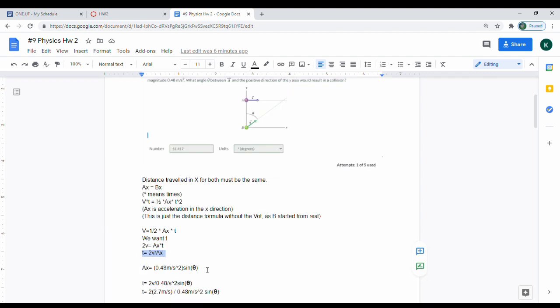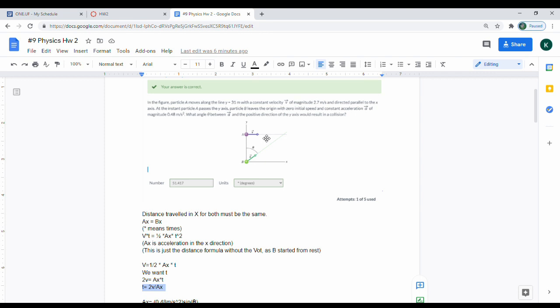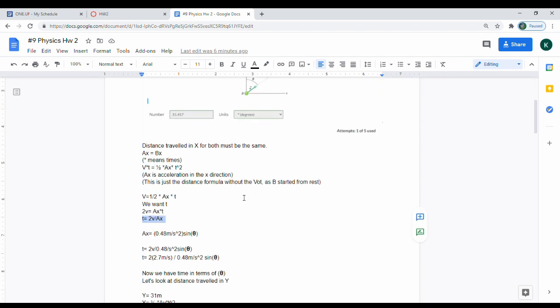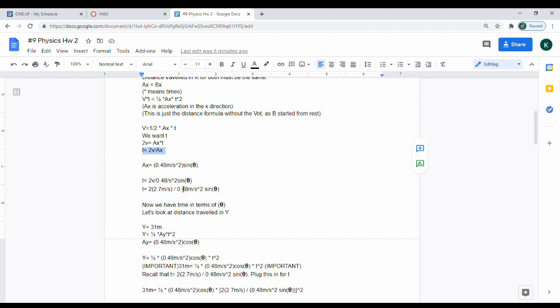Sine. So that's why we use sine theta for the x direction. For this reason, which I won't explain again later, for the y direction we use adjacent over hypotenuse, which gives us cosine theta. That will be later though. So for now, for x, we have sine theta. Remember that.